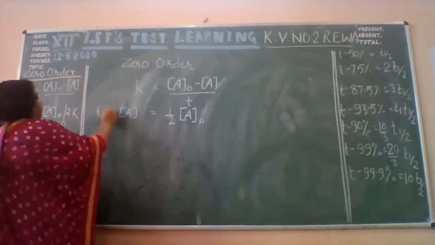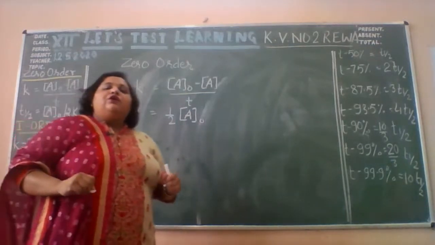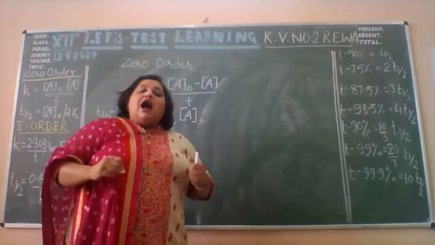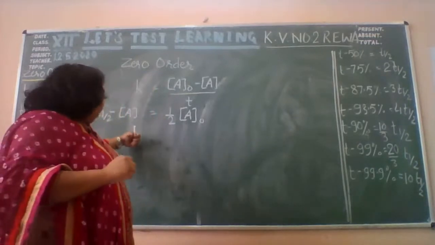A at t half: the time period when the reactant concentration becomes half of the original.